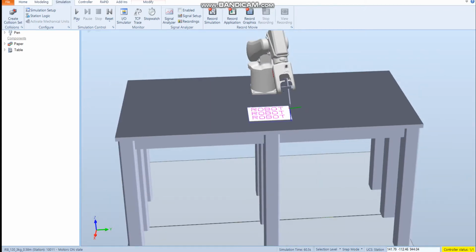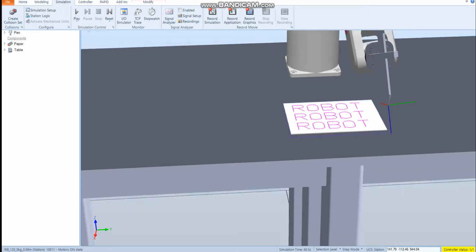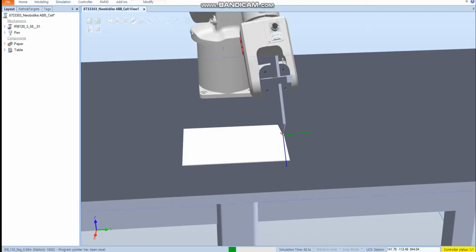Or if the user decides to write the word BOT, the B doesn't always have to start in the middle of the paper. The position of the B should always start at the beginning of the paper and then move towards the left. So I'm going to first demonstrate it here to see.